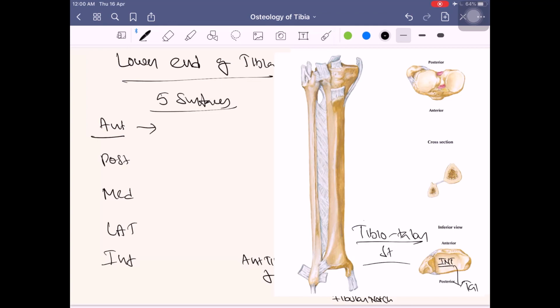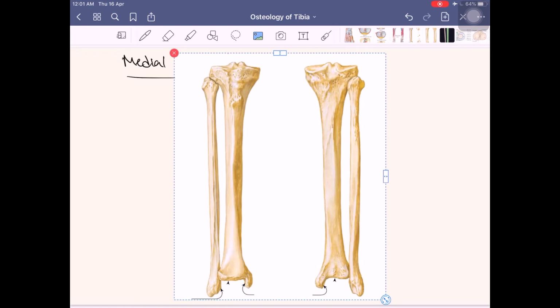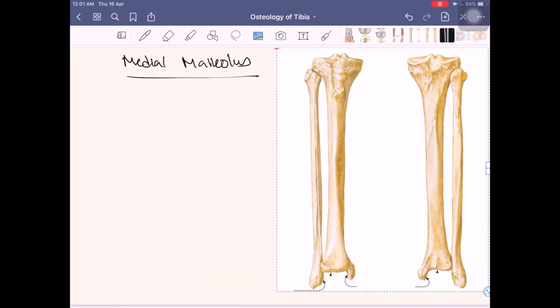What is very important is to talk about your medial malleolus in more detail. The medial malleolus is the extension of your medial surface of the lower end.